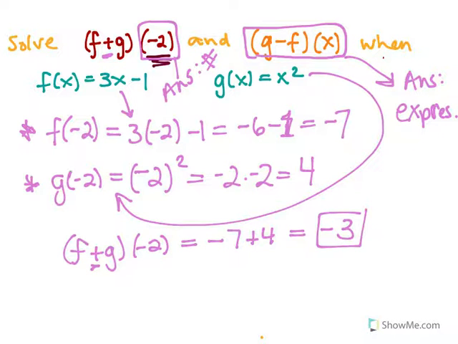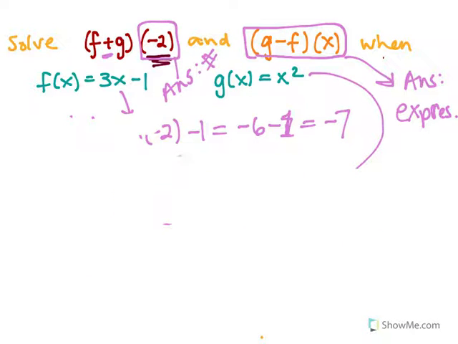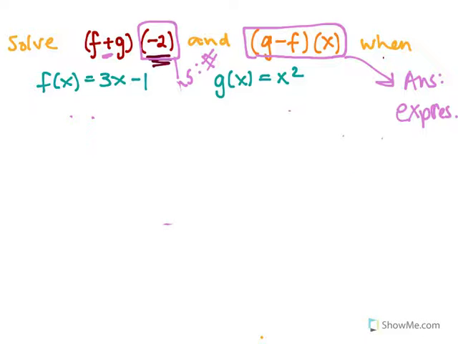Alright, so let's look at what happens when we do g minus f in terms of x. I'm going to go ahead and erase this. We know that our answer is just going to be an expression. So I'm going to write (g minus f)(x). This means they want us to put the g function first.